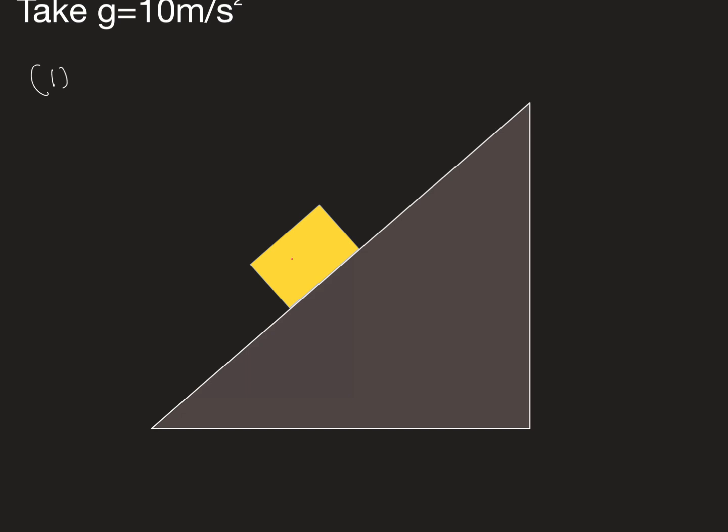We have a body of mass 8 kilograms that is resting on a rough plane inclined at 30 degrees to the horizontal. So let's bring in the forces that are involved. We have a force that is always acting downwards, which is mg sine theta. And if the body is going to move up the plane, the frictional force has to act in the opposite direction, that is, down.